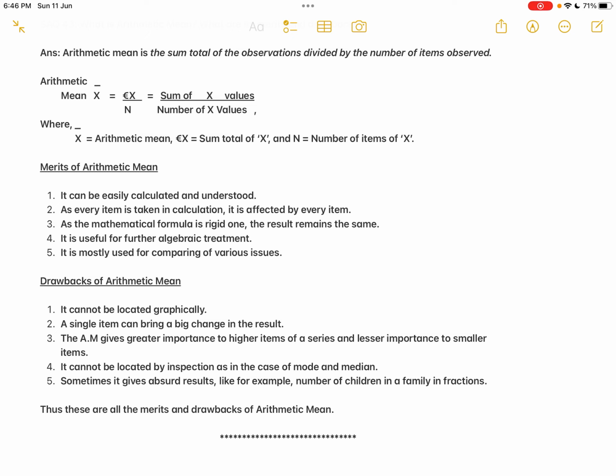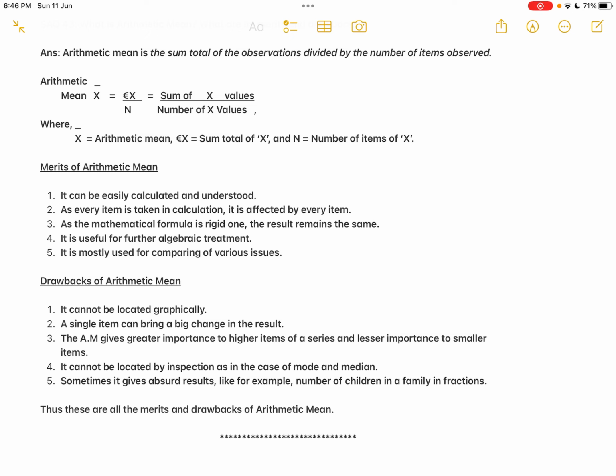Second, as every item is taken in calculation, it is affected by every item. When you are taking the marks of 10 students, all the 10 students' marks should be represented in the final answer.